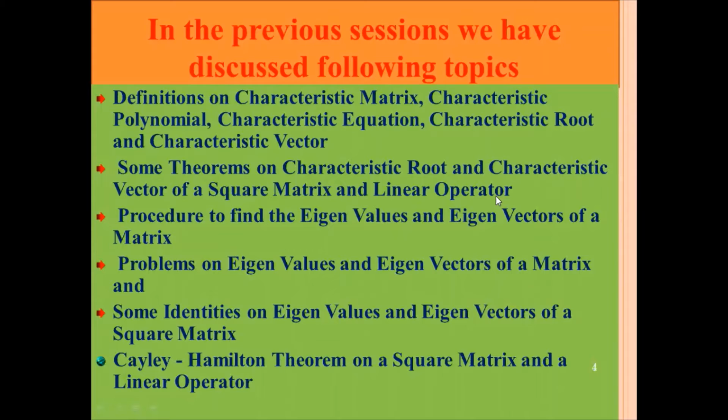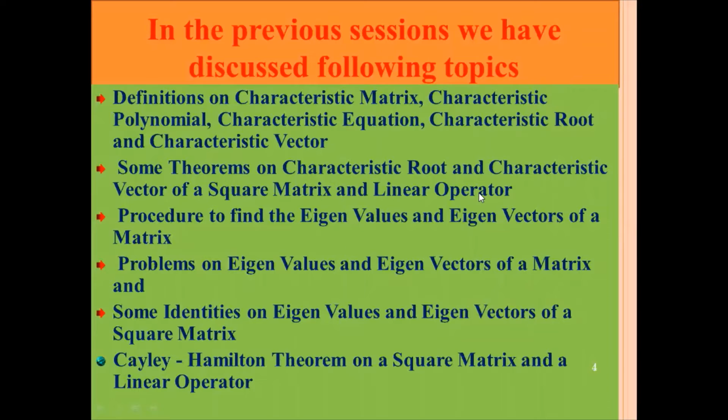Lambda in the characteristic equation is called the characteristic root, and there is the characteristic vector. For every characteristic root there exists a corresponding characteristic vector: a non-zero vector x such that Ax is equal to lambda x. We call that x a characteristic vector of the matrix.